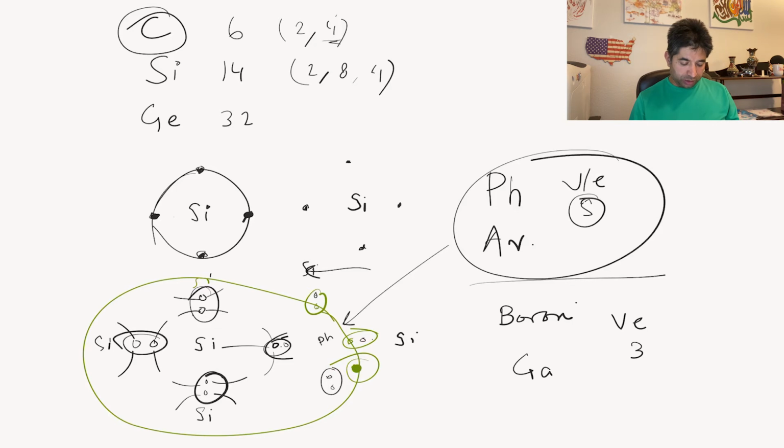So overall, a crystal of silicon with some phosphorus added will have some number of electrons which are not tightly coupled to adjacent atoms, and they are weak. They don't have a bond, they can move from one place to another.